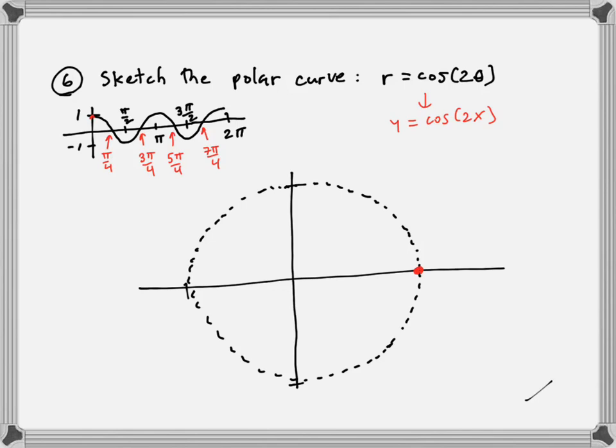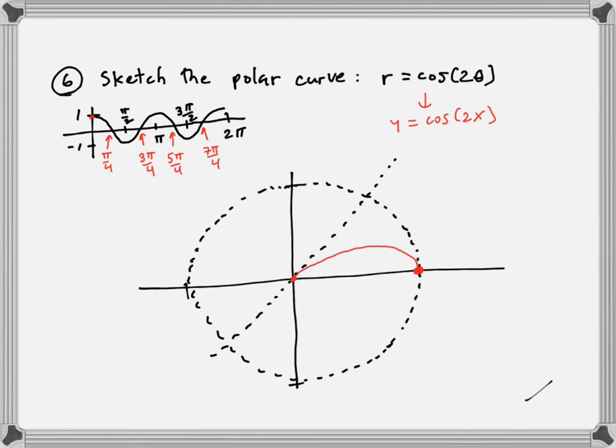Next, at an angle of pi over 4, so I'm going to draw an angle of pi over 4 here. At an angle of pi over 4, we reach the origin. Now, I know it's just the origin, but the idea is that we can't cross that dotted line. So it looks something like that.